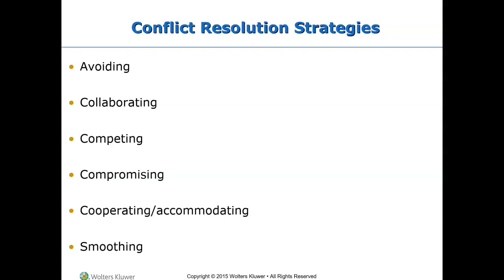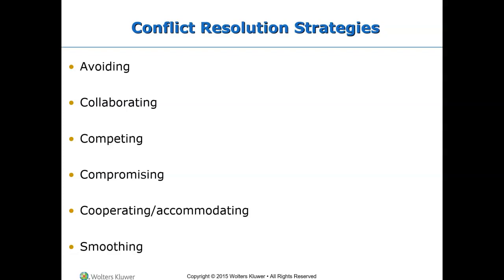Informal negotiation is the next step if the problem solving does not resolve the conflict. So maybe you as the nurse go down and meet with pharmacy because you feel like there's an issue. And you think you fixed it, but then the next week it's still an issue. So it's not fixed. So you're going to clarify the situation in your own mind, then set the stage and conduct a negotiation.